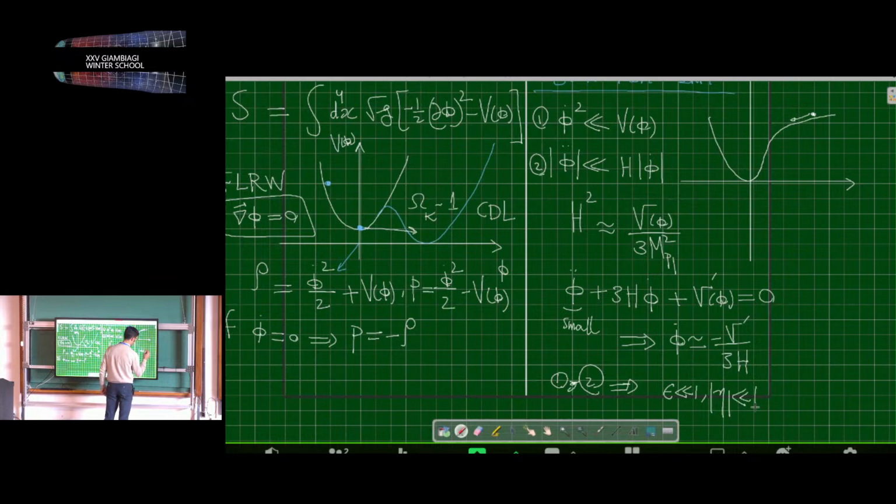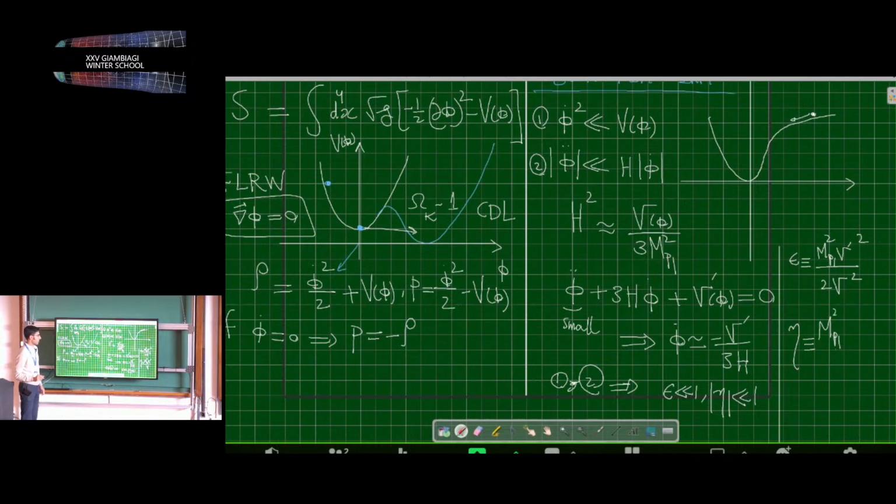Epsilon is defined as M Planck squared V prime squared divided by twice V squared, and eta is defined as M Planck squared V double prime divided by V. So using this solution and this solution, if we plug it back in here, we will get those conditions.